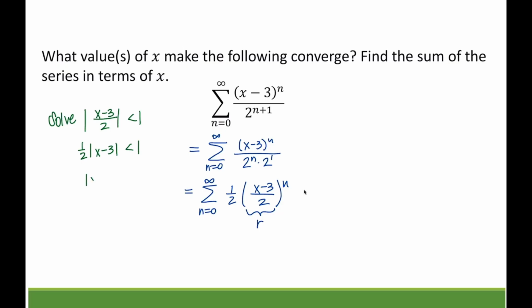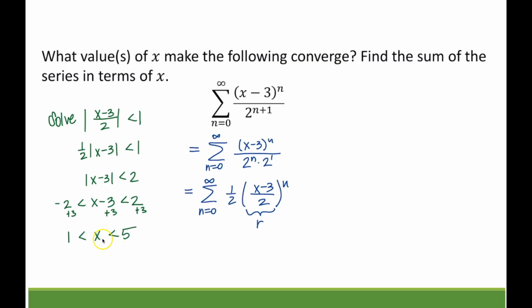So I have the absolute value of x minus 3 is less than 2. I'm multiplying by a positive, so that doesn't change the inequality. Now to drop the absolute value, I can say negative 2 is less than x minus 3 is less than 2. I can turn it into a 3-part inequality. And then I'm going to add the 3 to all 3 parts. So negative 2 plus 3 is 1, is less than x, is less than 5.